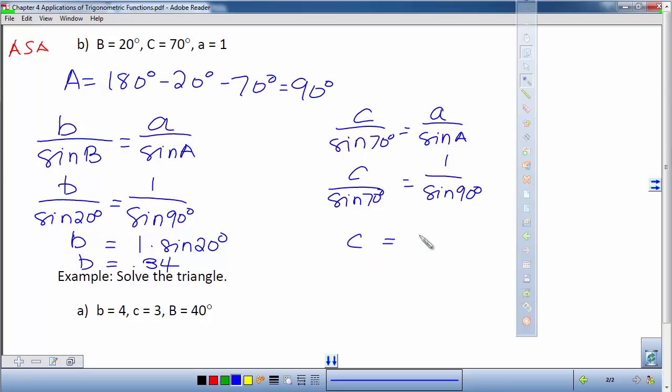So C equals sine 70 degrees. So 0.94. C equals 0.94. Okay, all right, and I think that's it. We got angle A, we have sides B and C. Okay, questions about that?